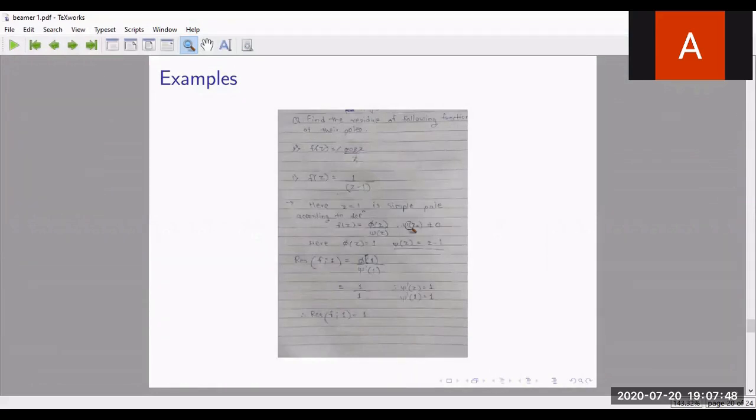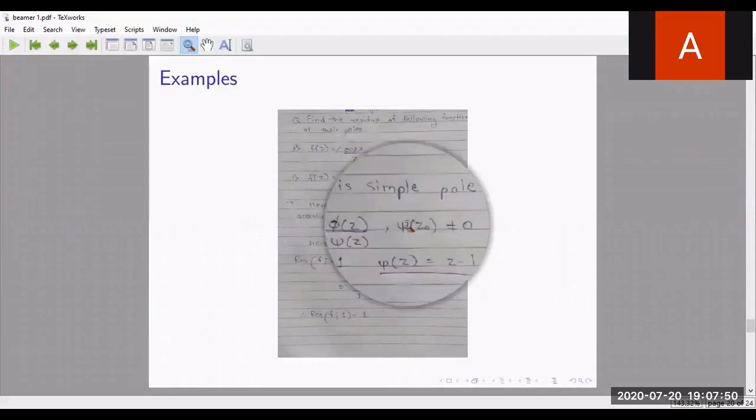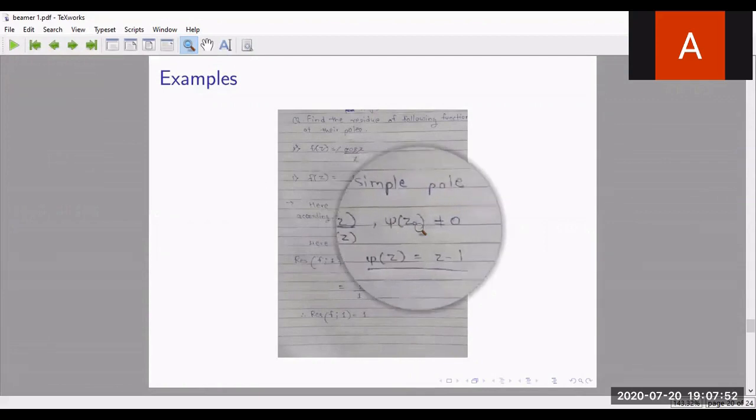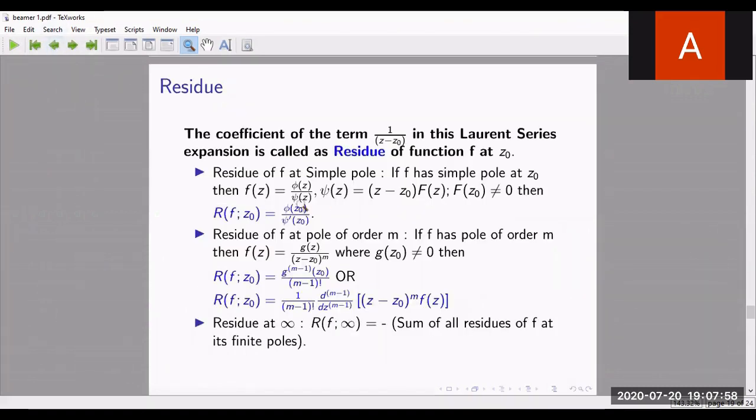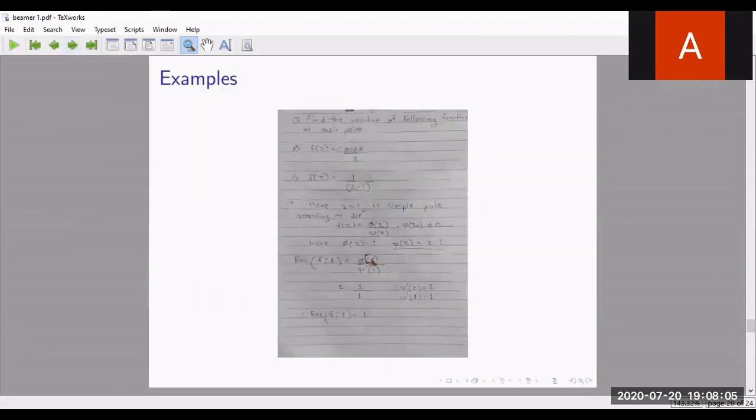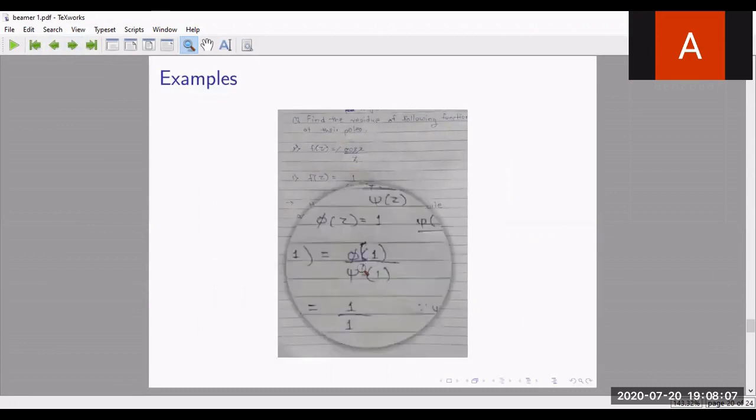Sorry, here we have a mistake. It should be phi of z naught, not 0. Now the residue formula is phi of z naught by psi dash of z naught. Z naught is 1, so phi of 1 by psi dash of 1.